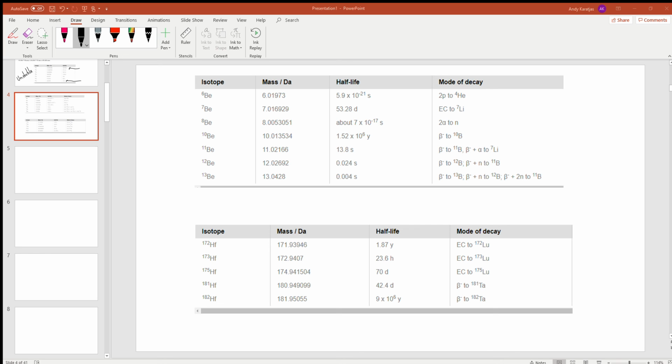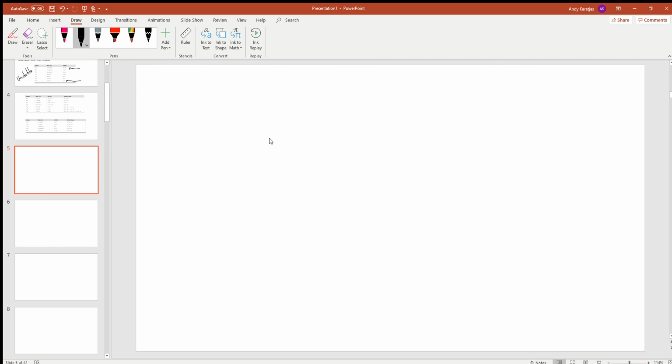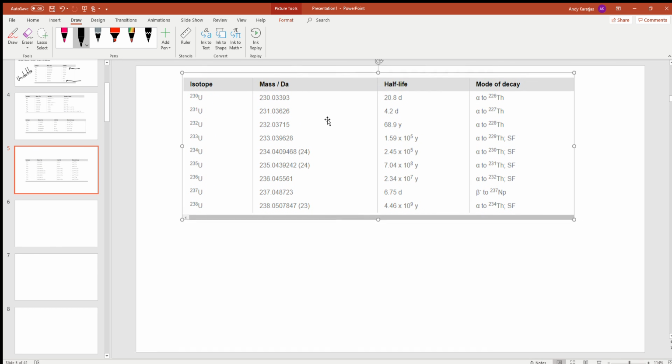Uranium is a very, very good example. So uranium, which has a lot of radioactive isotopes, has isotopes that have half-lives of anywhere from 6 days, uranium-237, all the way up to uranium-238, which has a half-life of 4.5 billion years.